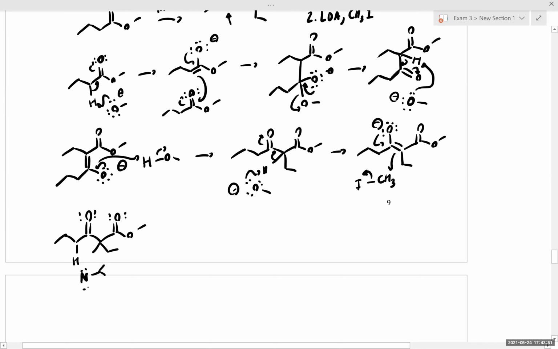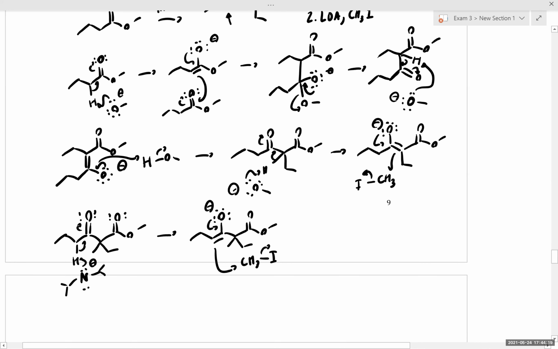To show the mechanism for the second alkylation step, LDA is going to deprotonate our slightly less acidic alpha position. It's important that you avoid using a strongly nucleophilic base because you're going to end up in a situation where retro-Claisen can occur.